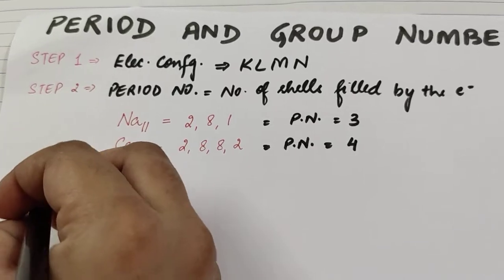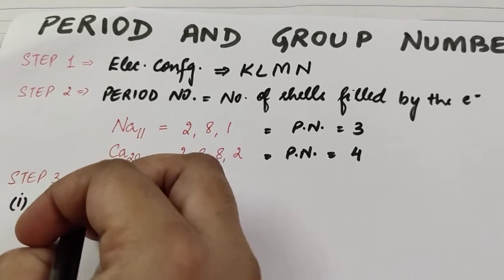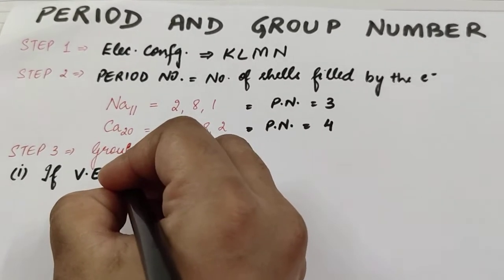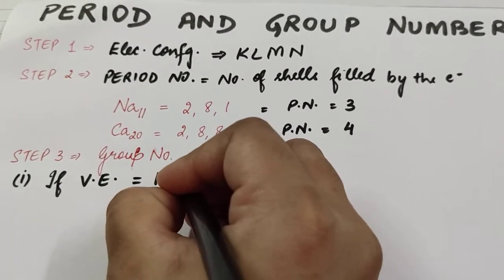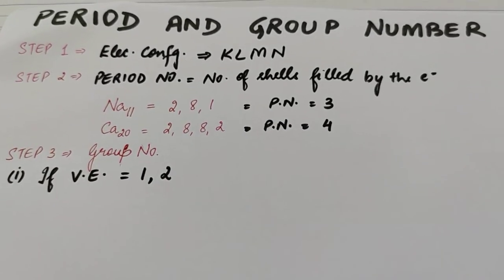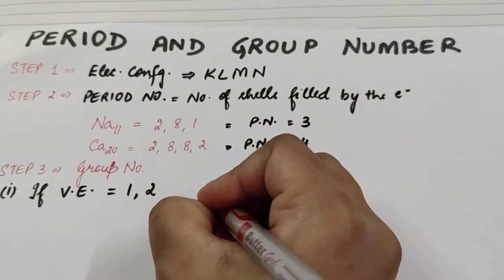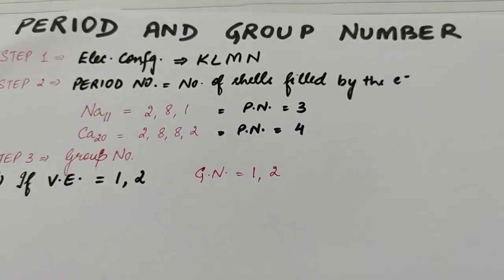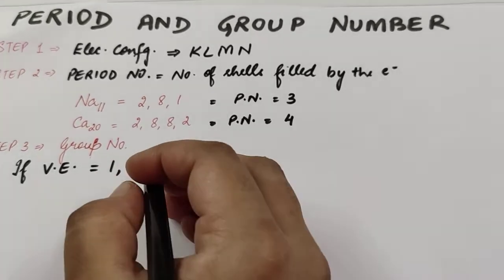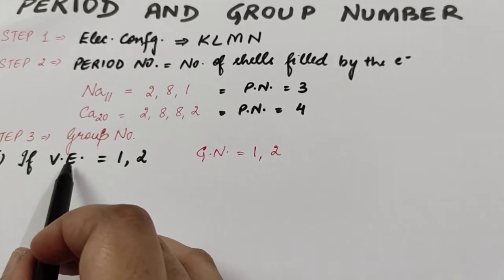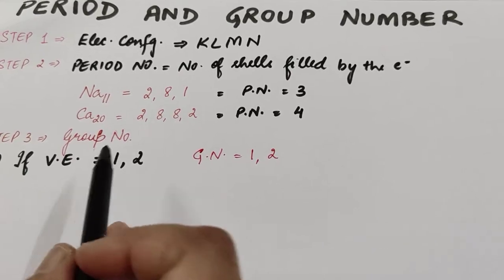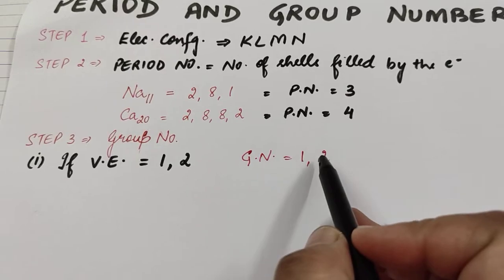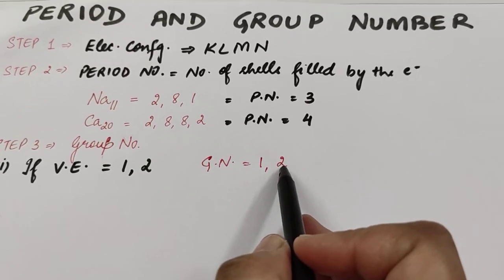In the first case, if the number of valence electrons in that particular atom is 1 or 2, then the group number will also be 1 or 2 respectively, right? That means if any atom has valence electron 1, the group number will be 1. If the valence electrons are 2 in that atom, then the group number will be 2.